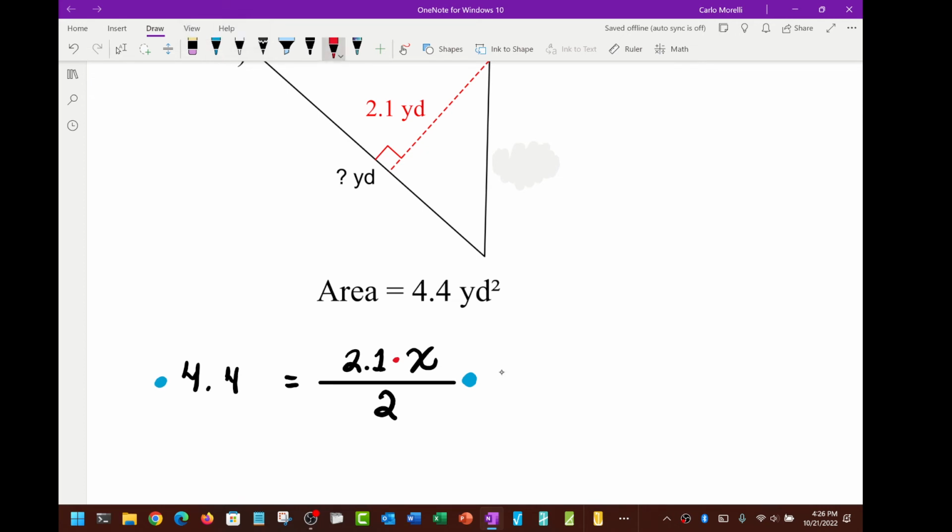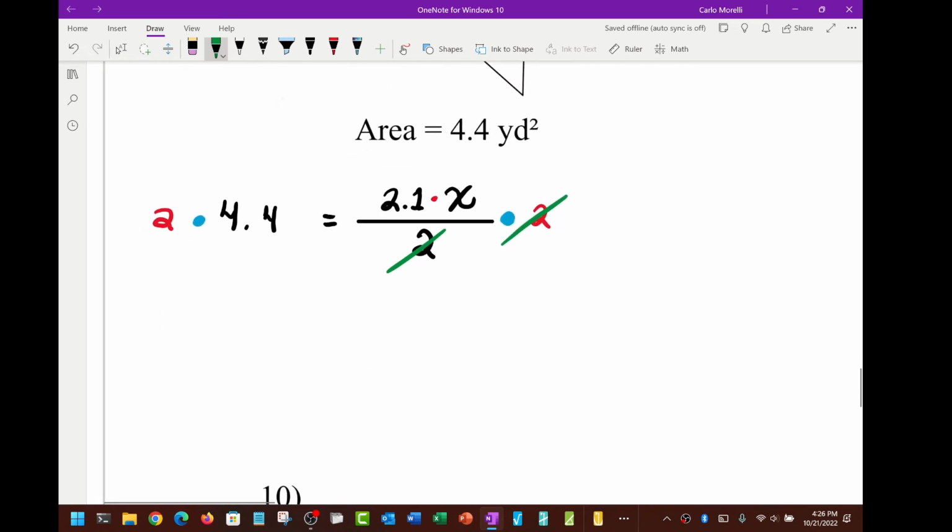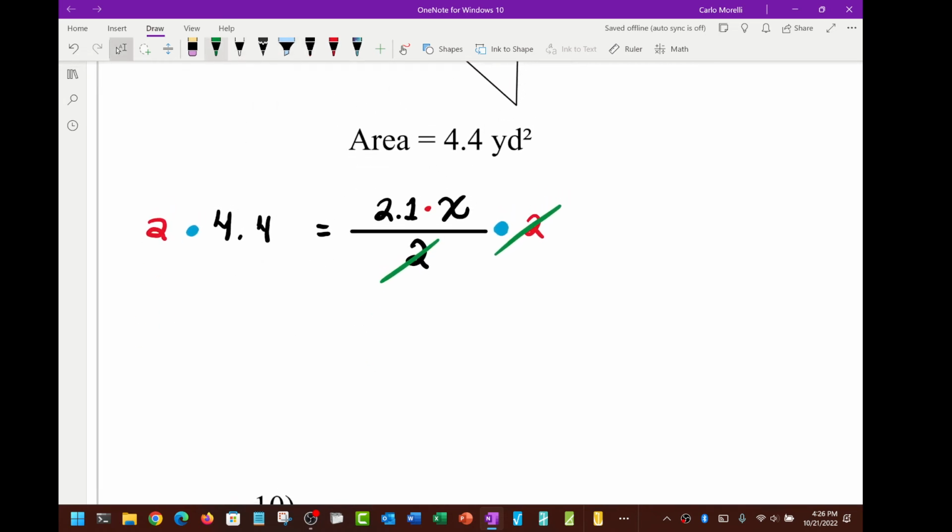So we're going to multiply both sides by 2 as a way of eliminating those 2's right there. Okay. And so now I'm going to have 8.8 equals 2.1x. Again, there's multiplication happening there.